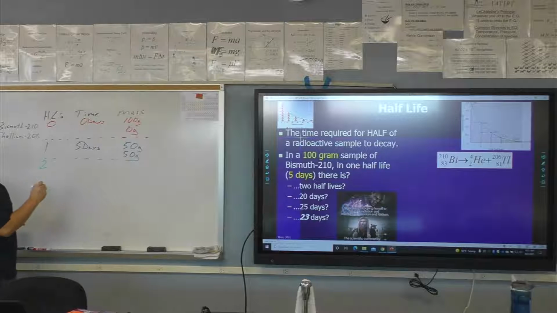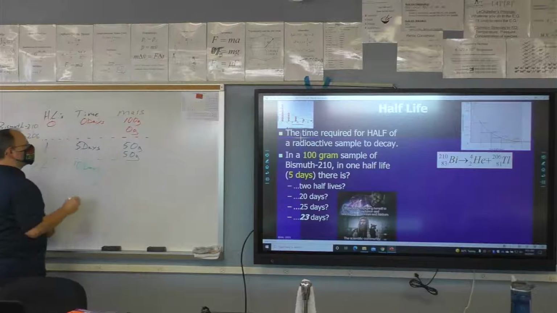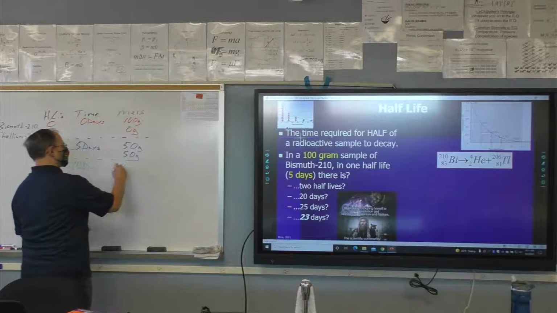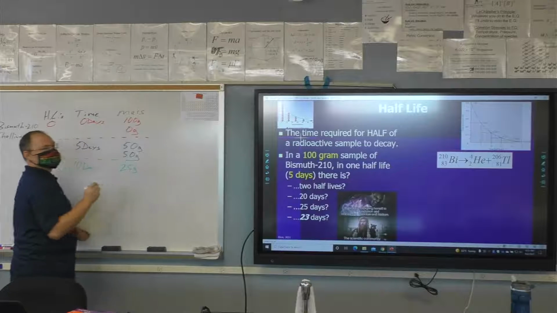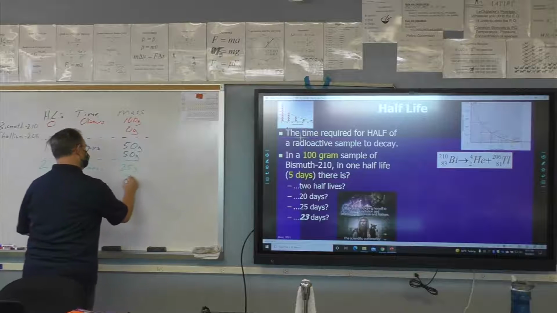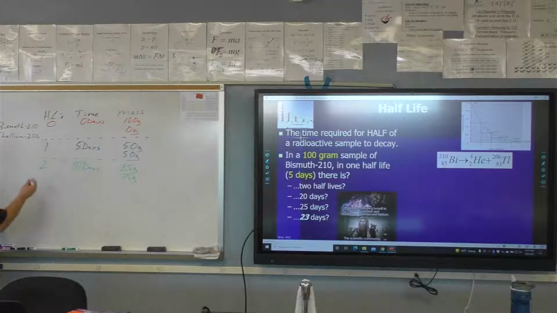In 2 half-lives, how much time has gone by? 10 days. And how much bismuth is left over? 25 grams. And how much thallium has been produced? 75 grams. All right. And we can continue on.